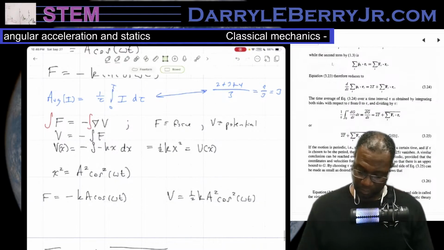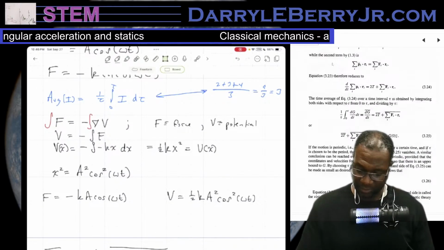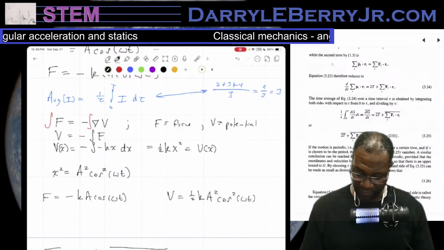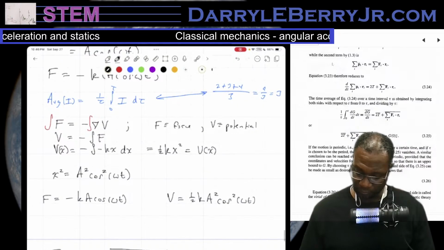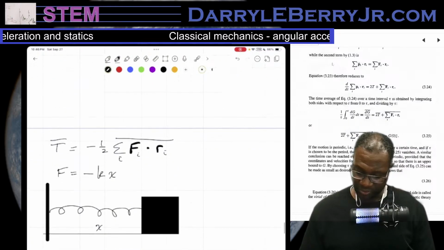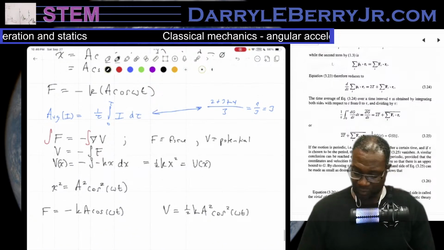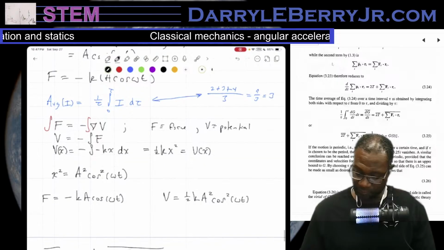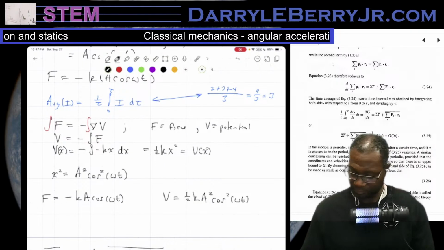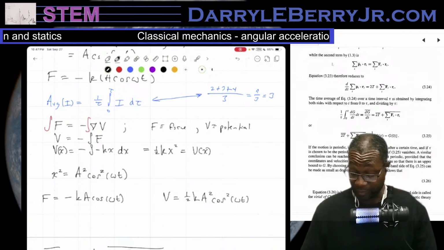If I were to simplify this utilizing our understanding of what a dot product is, I can call this the magnitude of F, the magnitude of r, cosine theta. And since it's in one dimension, we know that cosine will be either pi or 0, 0 or pi.